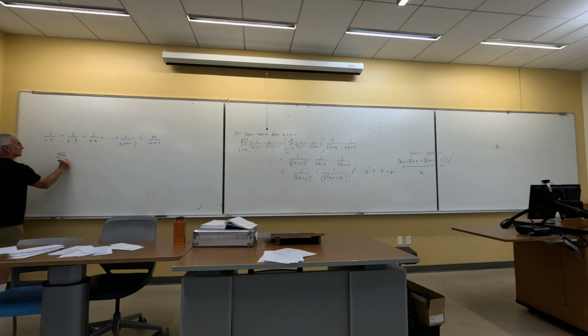Isn't this the exact same thing as saying the sum from i equals 1 to n of 1 over i times i plus 1? Does everyone see it's the exact same thing? Because when i is 1, it's 1 times 2, then 2 times 3, and when i is n, that's the last term. It is absolutely correct to write it as a summation, but it's actually not necessary. I can just leave it in that form up there.